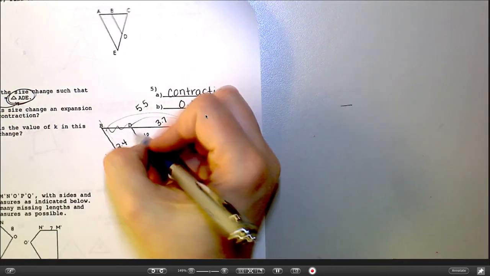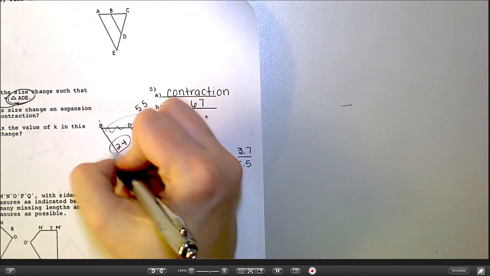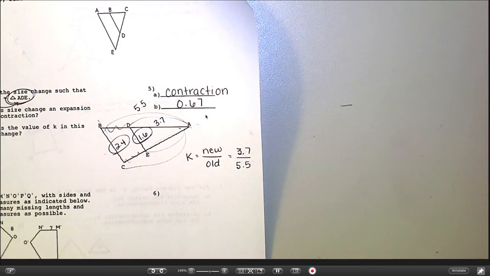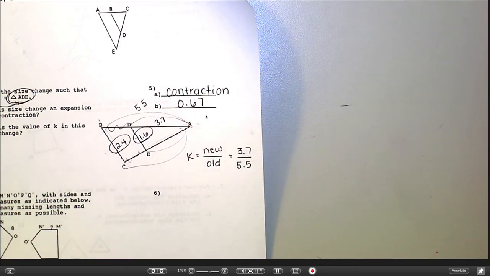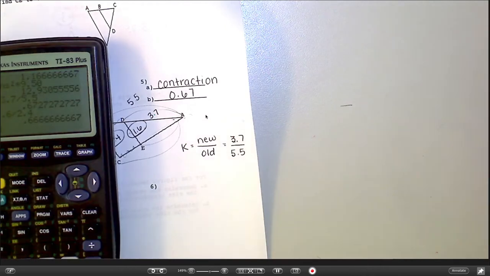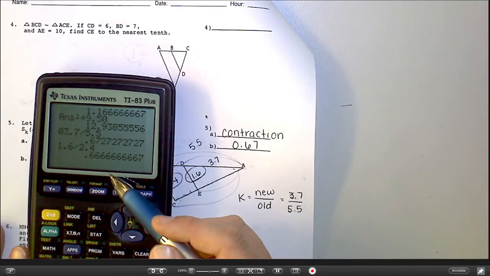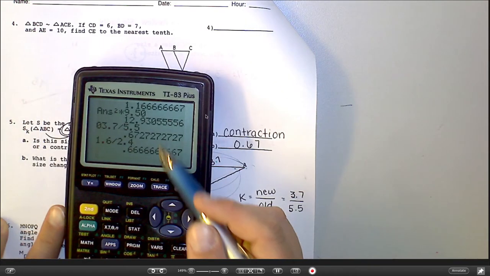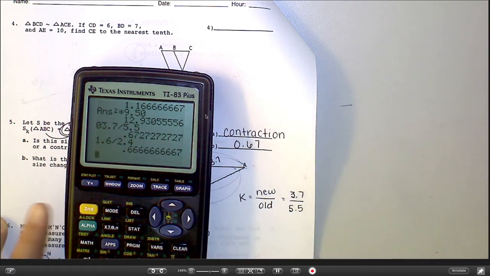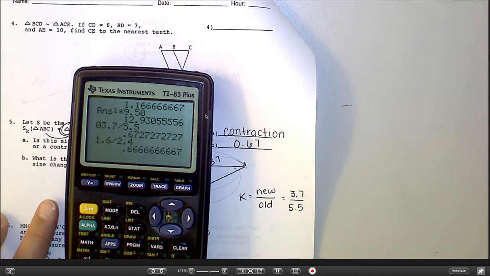So then again, new divided by old would be 1.6 divided by 2.4. And are we going to call these two close enough to each other, you think? That was pretty close. Yes. They would both round to 0.67, right? So yeah, your K value of 0.67 would be good. I do give a little bit of leeway here. Not a ton, but enough to where if you call it a 1.7 and I call it a 1.6, that's okay.